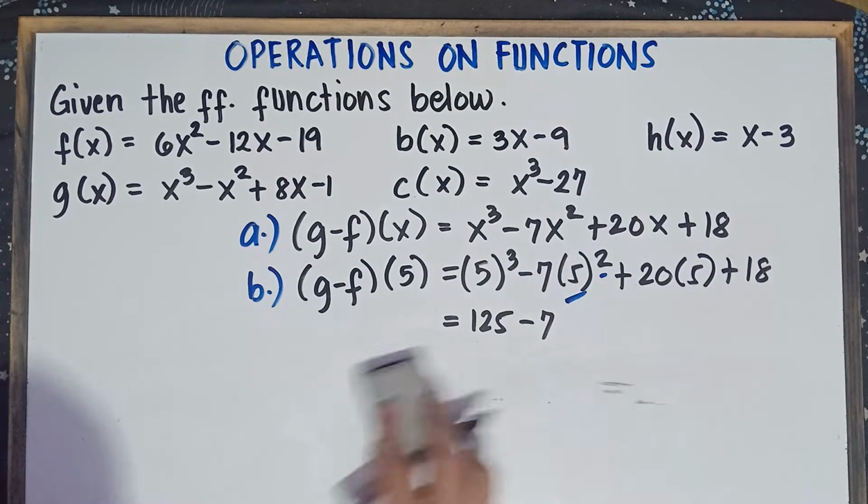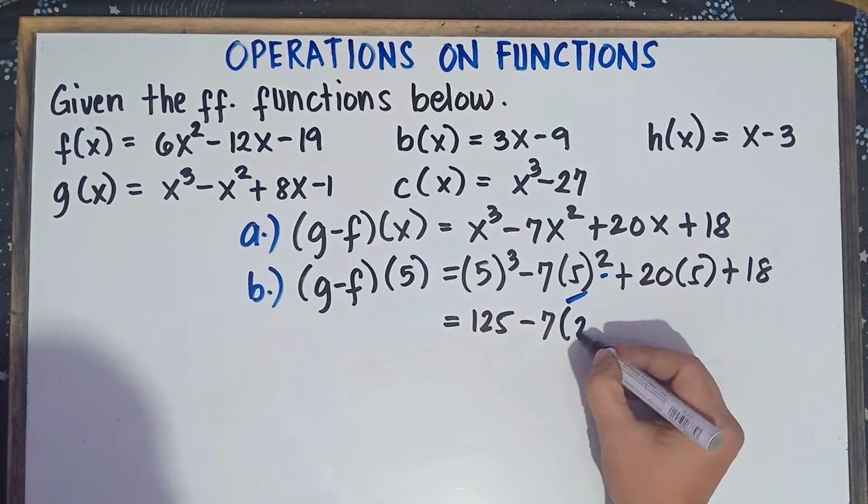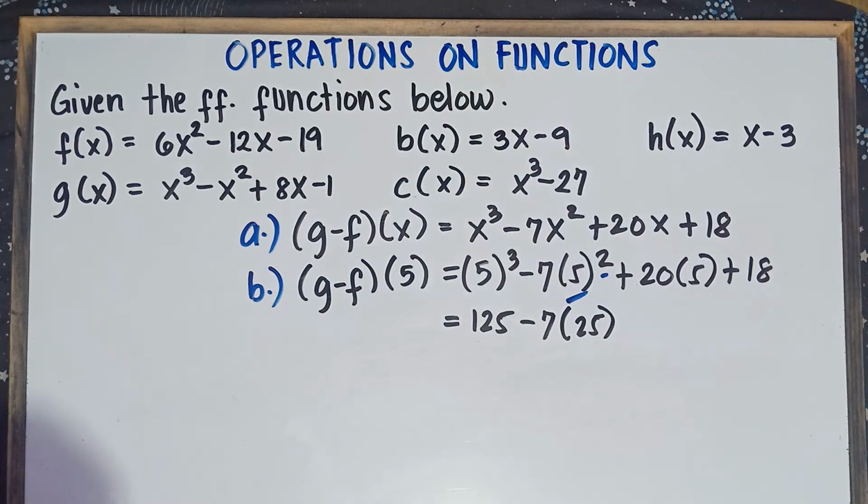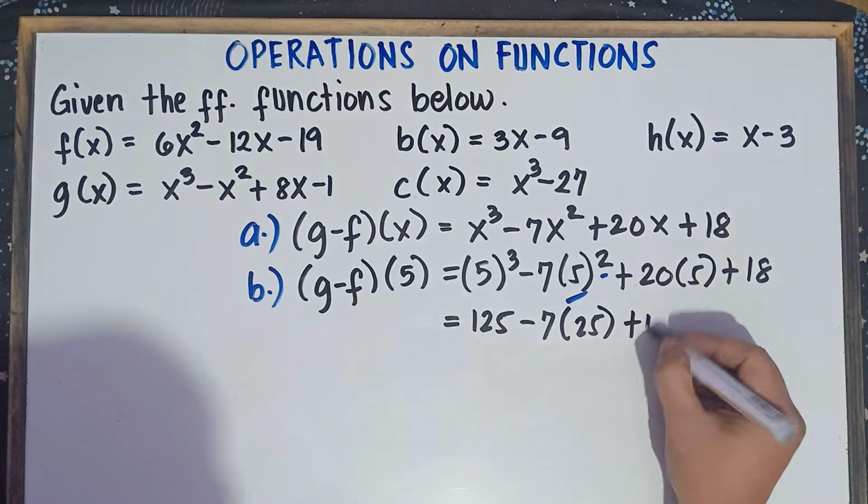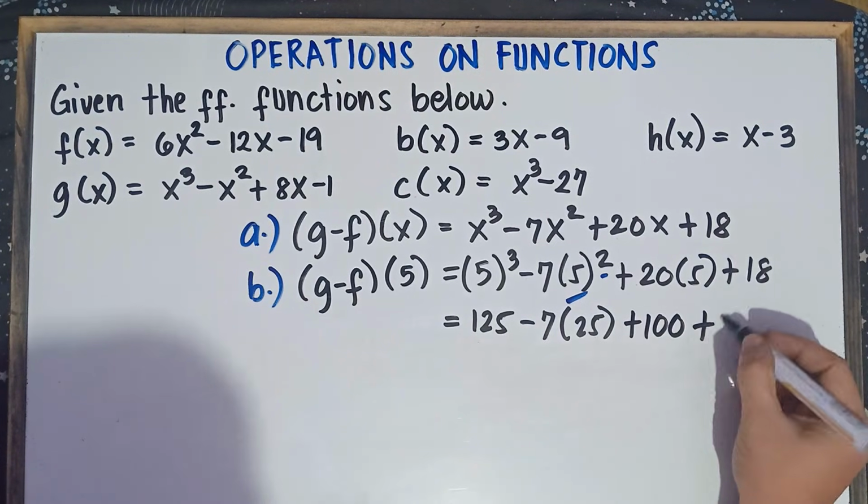So this will be negative 7 times positive 25. And then 20 times 5, of course, that will be 100. So positive 100, and then copy positive 18.